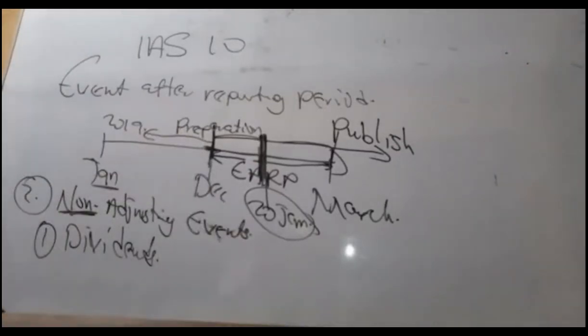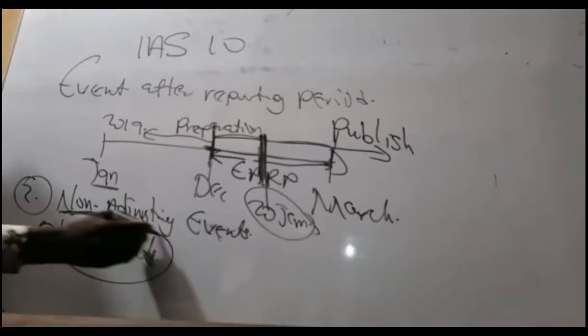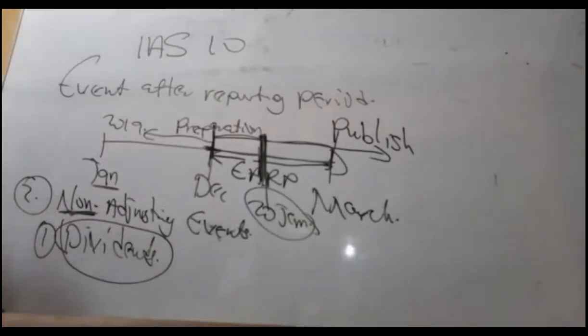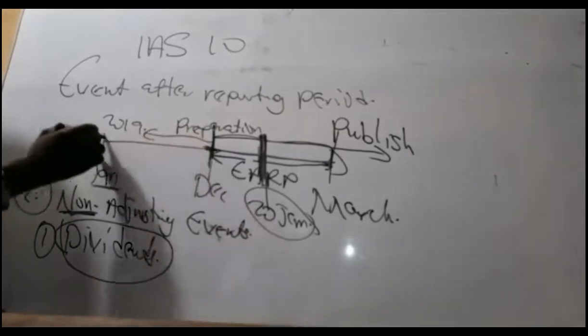No. The liability starts when you make the declaration that you are going to pay dividend of 2,000 Ghana cedis. So in short, if you declare dividend after the year end, it's for the next year, not the current year, the preparation date.